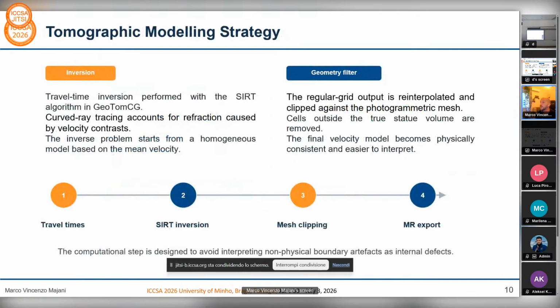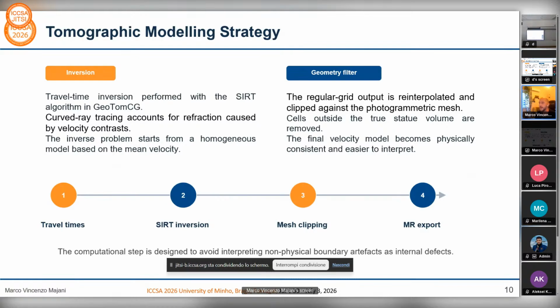The tomographic inversion was performed using the SIRT algorithm in GeoTom. The input data were the first arrival travel times, and the inversion aimed to reconstruct the internal P-wave velocity distribution. Curved ray tracing was used to account for possible refraction caused by velocity contrast. This is more appropriate than a purely straight ray approach when the internal model may contain zones with different elastic properties.